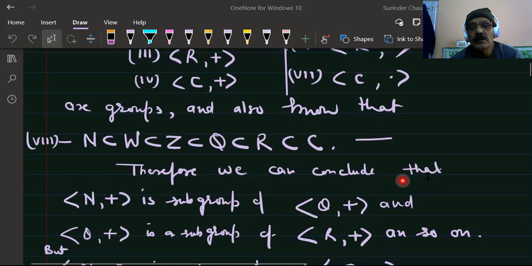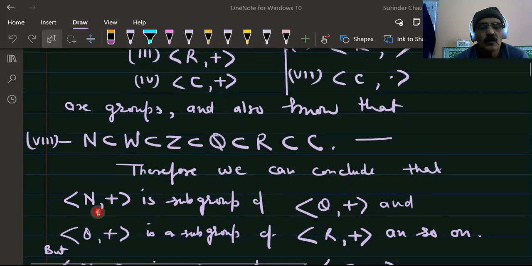Therefore we can conclude that this is the set of rational numbers under the binary operation of addition.